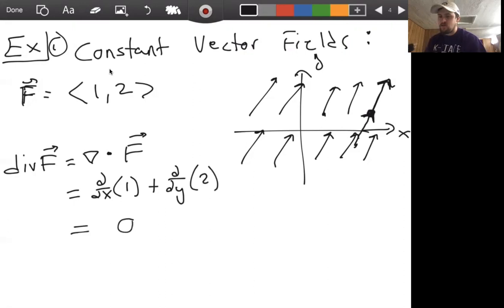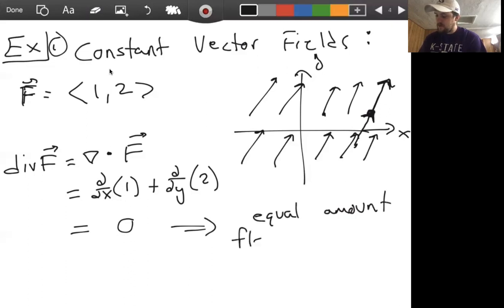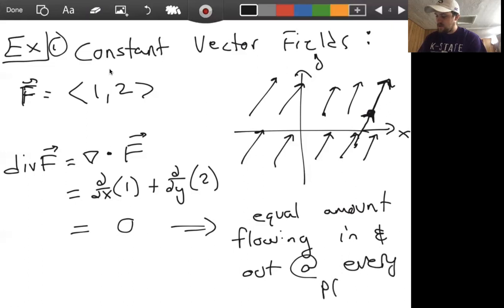You can see this is 0 because 1 and 2 are both constant. And so the divergence being 0 means equal amounts flowing in and out at every point. This makes sense that the divergence is 0 here.